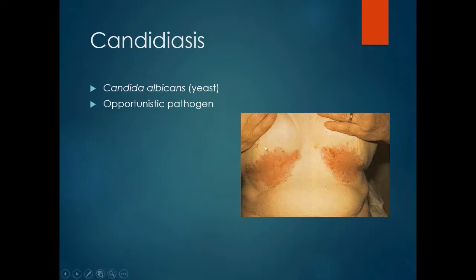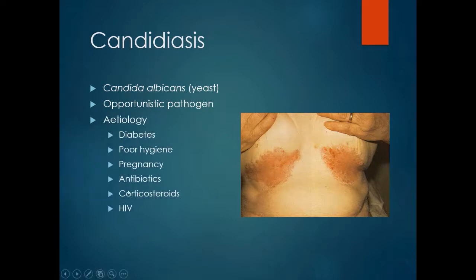It's an opportunistic pathogen, and when someone presents with thrush, we need to look at conditions which may have caused a decrease in systemic immunity or local immunity, things like diabetes, poor hygiene, pregnancy, use of antibiotics, particularly broad-spectrum antibiotics, corticosteroids, either orally or topically, and HIV.